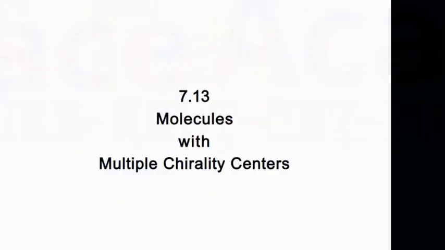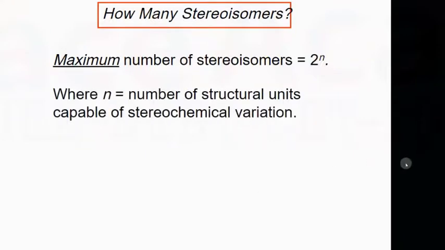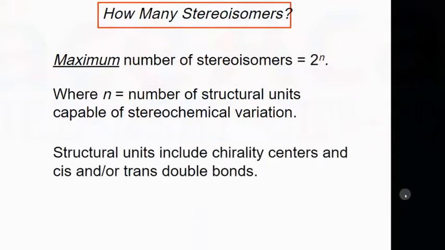Molecules with multiple chirality centers: not only two, but more than two or three. Then how can you find the stereoisomers? There is a formula. The maximum number of stereoisomers can be obtained using 2 power n, where n is the number of structural units capable of stereochemical variation, that is, chirality centers.